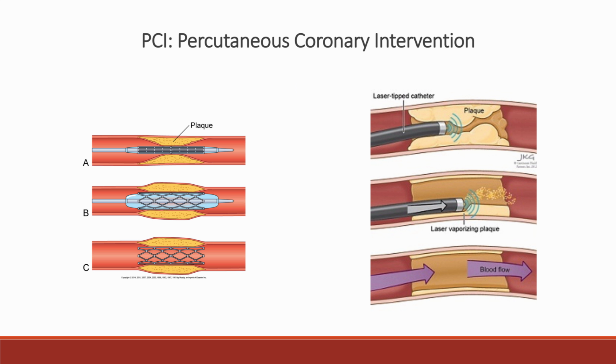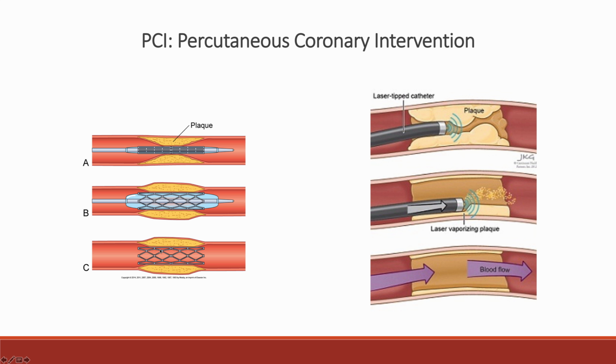Now, as I said, the most commonly done interventional procedure is the stent in the US anyway. And so the way the stent works is there's a balloon that gets put into the coronary artery, but around the balloon is wrapped this metal stent. And the metal stent goes into the blockage, and then the balloon is inflated, and the stent is put up against the sides of the vessel wall, and it sort of smushes all this cholesterol plaque.